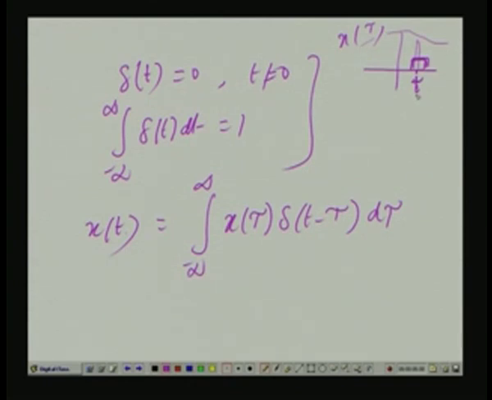When you multiply the two, only in the area where the box is located do you get a multiplication; everywhere else the function x(tau) is multiplied by 0. Now, you start compressing the box keeping the area 1.